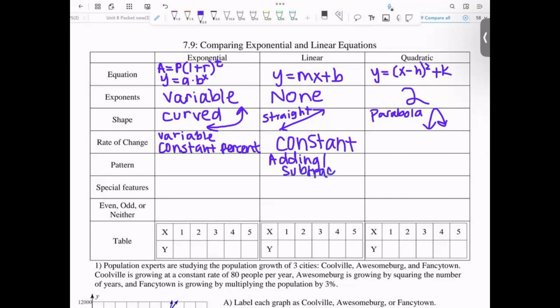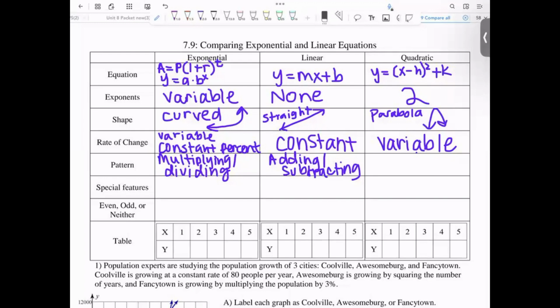With exponential, that is not the case since it's a constant percent. We are going up by the same percent, but that means that we're multiplying or dividing by the same number each time. So there is a pattern, but it's going to be different than linear, right? And with quadratic, this one is also called variable because it is not a constant rate of change.